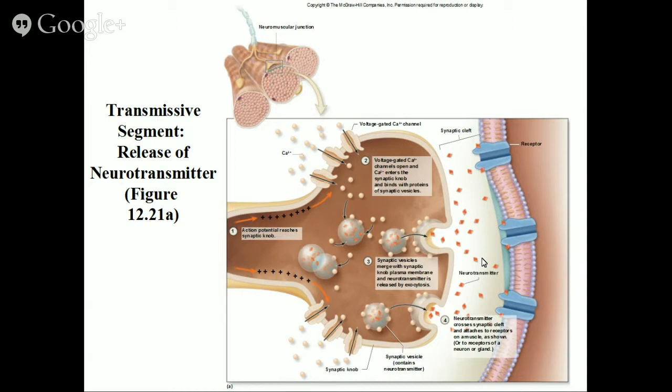In a person who has Parkinson's disease, the primary neurotransmitter that you would find inside these synaptic vesicles is dopamine. And a person who has Parkinson's is not producing enough dopamine to release into the synaptic cleft to actually elicit a strong enough response on the postsynaptic cell for you to have a manageable result.